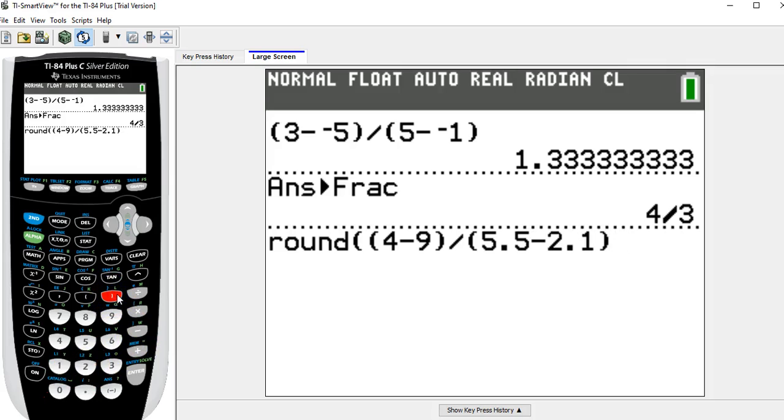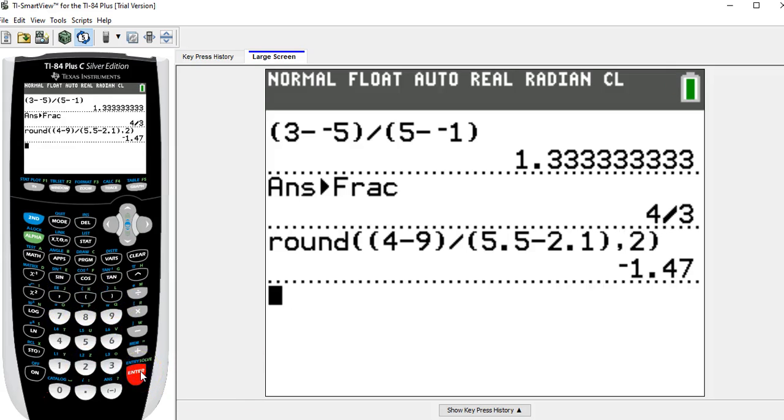Close the parentheses for the denominator. I want this rounded to 2 places, comma, 2. And when I hit the magic enter, it gives negative 1.47 as the answer to 2 decimal places.